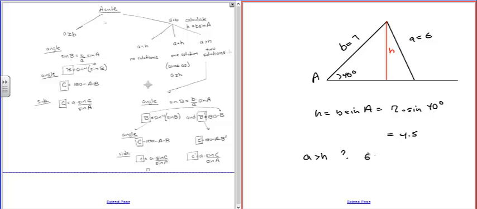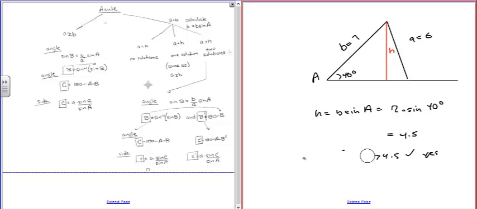Is 6 greater than 4.5? Yes. Okay. So that's this third situation. So you'll end up with two solutions. The two solutions are going to be this one and this one. So you end up with this angle being an acute angle, or this one being an obtuse angle. And they're symmetric around that point. That symmetry is important. We'll use that in a second.